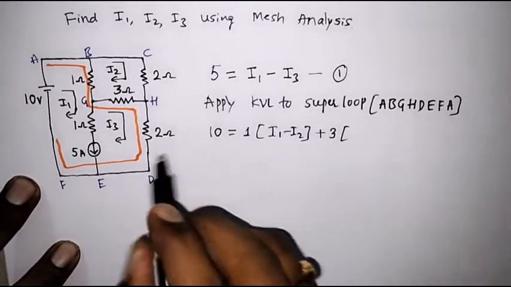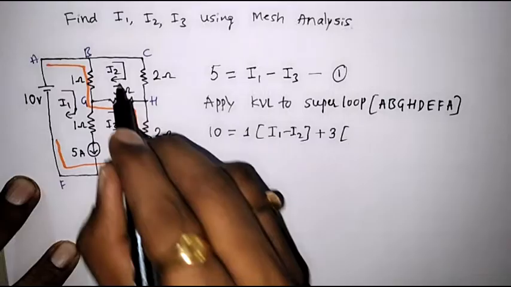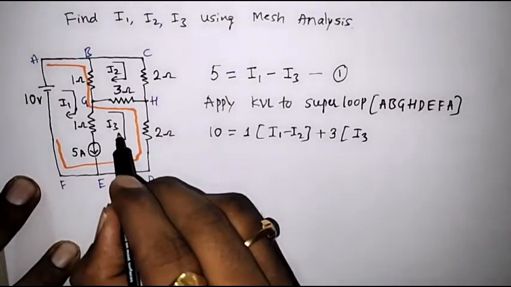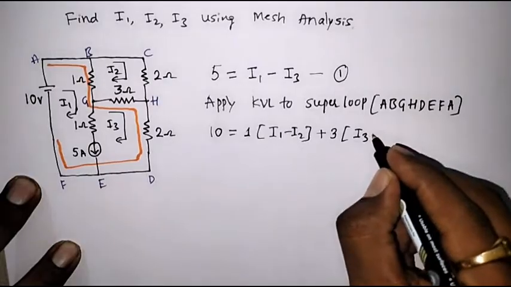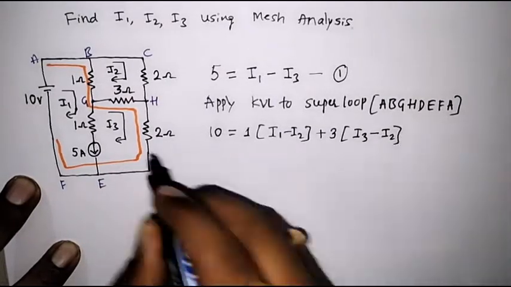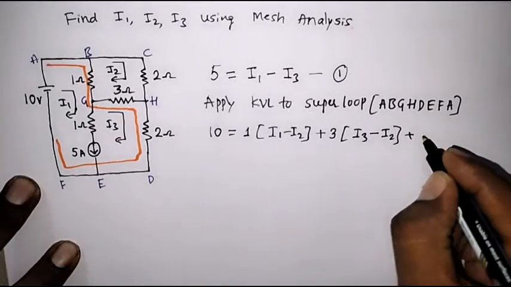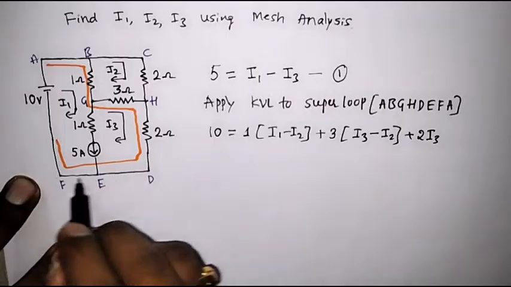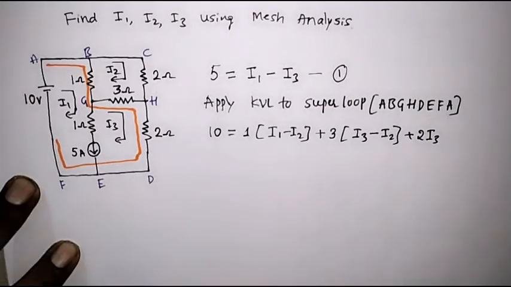The voltage across 3 is I3 minus I2, because in the 3 ohm resistor both I3 and I2 are flowing, opposite to each other, so I3 minus I2, plus in the 2 ohm resistor I3 current alone is flowing, that is 2I3, back to the 10 volt source.